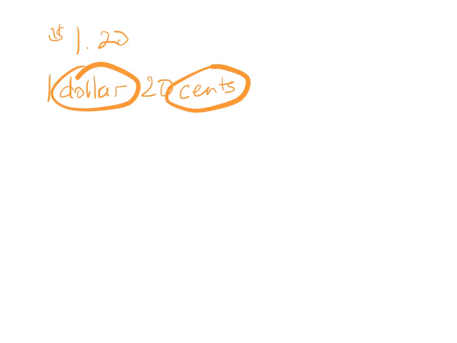Okay, so in that case, $1.20. I want to change it to just cents, so we don't have a mix, because $1.20 is really $1.20, and I have two different labels there. I don't like that, so I'm going to write it as 120 cents in this problem here.